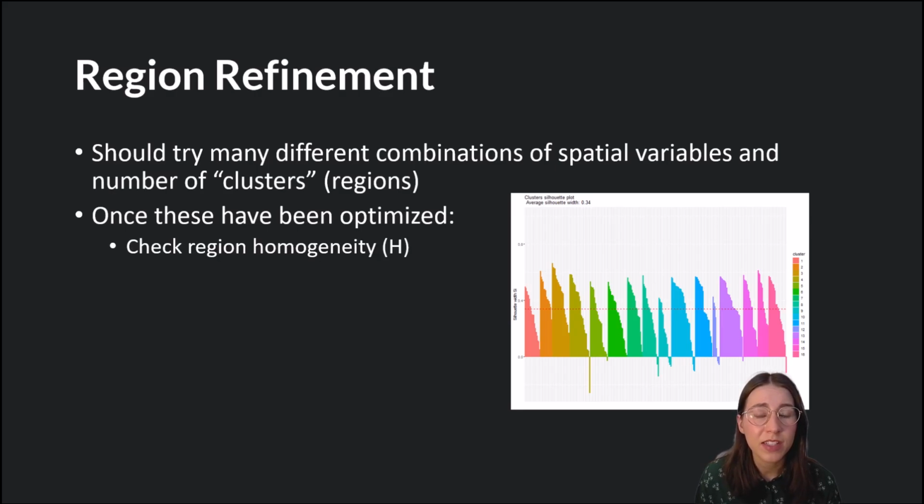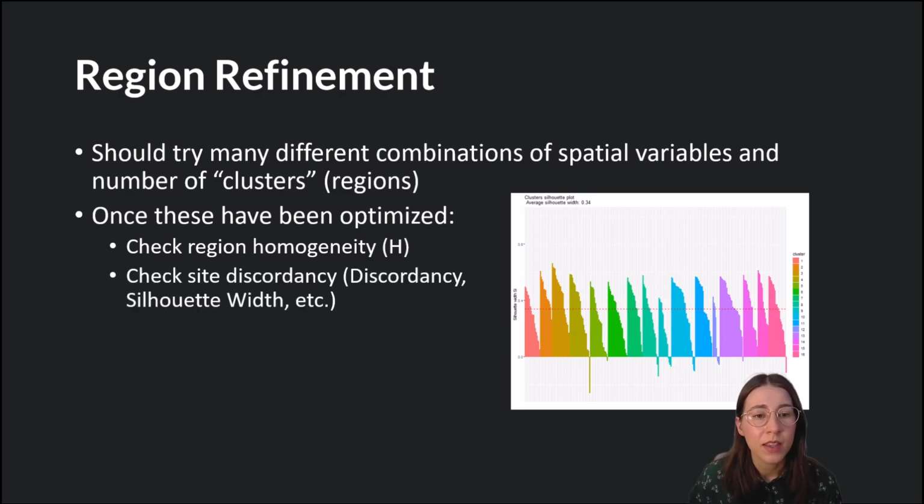As we discussed previously, the first metric is the homogeneity metric, which is used to check the region homogeneity. Then we can also check the discordancy, which is measured for each site. The figure on the right shows a silhouette plot, which is similar to discordancy. A large negative silhouette width could tell us that this individual site might belong in a different region than the region that is currently assigned to.